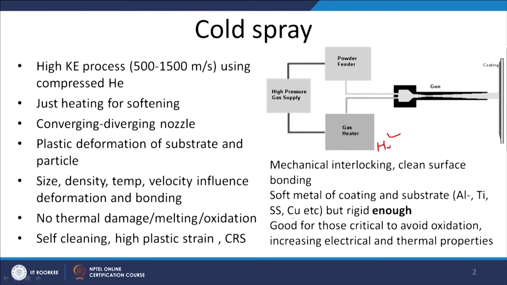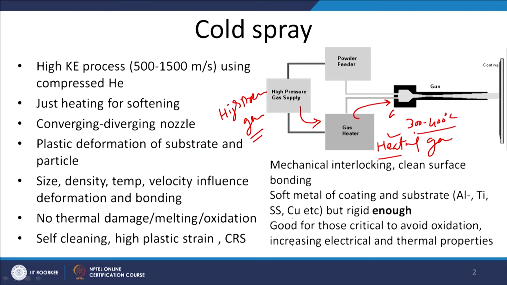There is a heater which is used for heating the gases, and hot gases of the temperature of 300 to 400 degrees centigrade are used, and in addition to this, high pressure gas is also used. So the high pressure gas, at a temperature of 300 to 400 degrees centigrade, is fed to the gun.